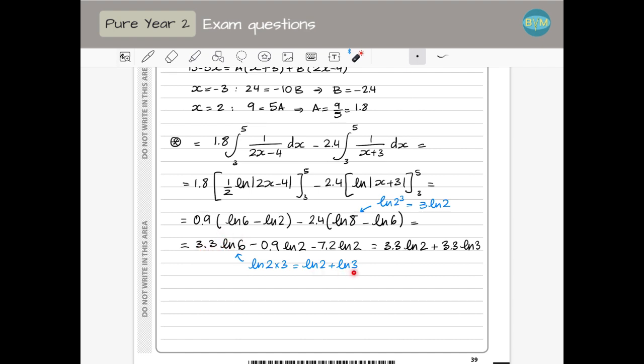The 3.3 is going to multiply this one and this one, and then minus this bit here. So minus 0.9 ln 2 minus 7.2 ln 2. And now I can put it all together. So I have ln 3, just this one, so 3.3 ln 3. And then I have 3.3 minus 0.9 minus 7.2, which is minus 4.8 ln 2.